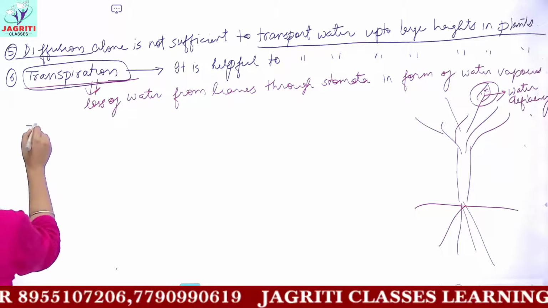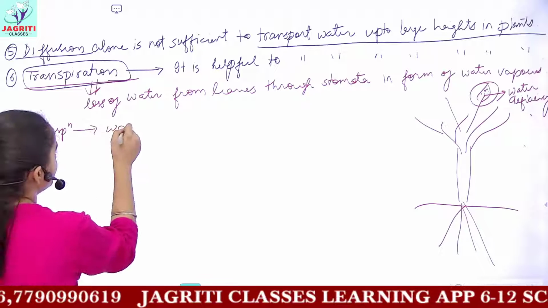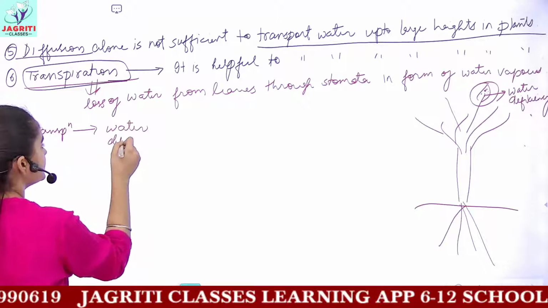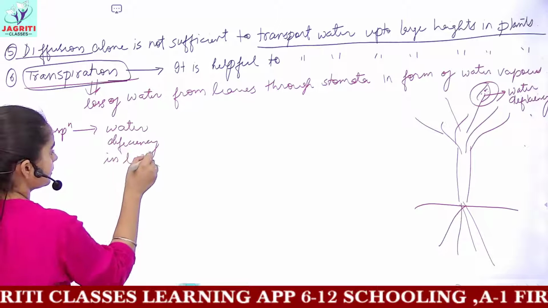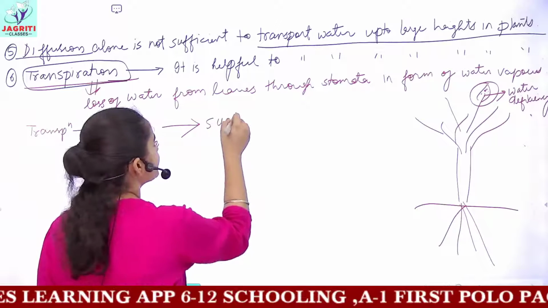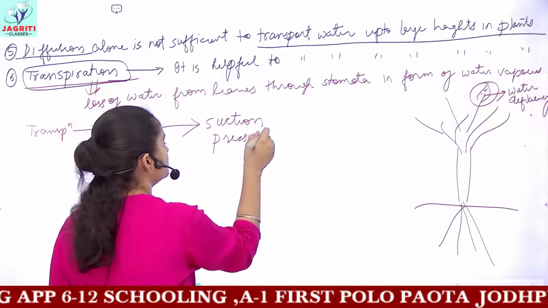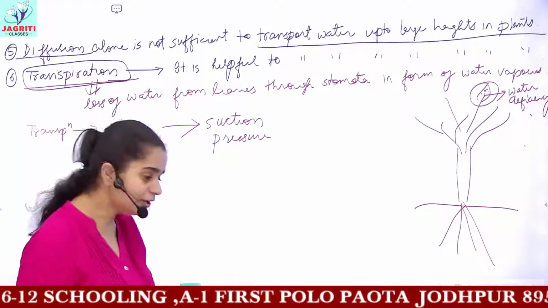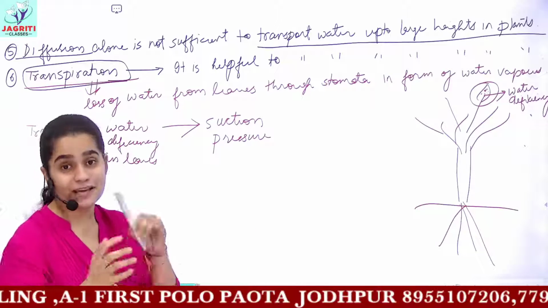So we say that due to transpiration, you have water deficiency in leaves, and this water deficiency creates a suction pressure similar to what you create whenever you want to take any cold drink inside your mouth with the help of a straw.